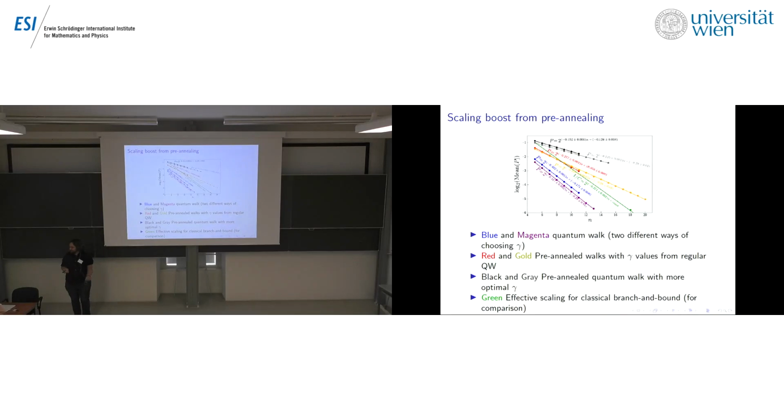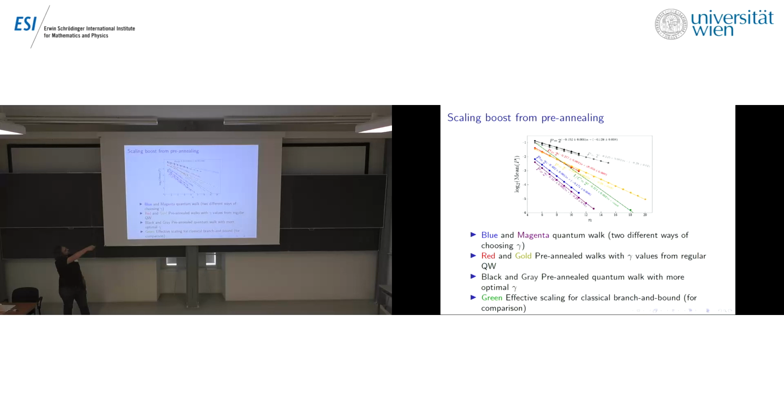So, if we look at this numerically and look at the scaling, all right, what is the scaling we have if we now consider one of these pre-anneals? Again, a busy plot, but the takeaway is basically these black and gray lines, which are our success probability scaling if we've now chosen an optimal gamma for doing this pre-anneal.